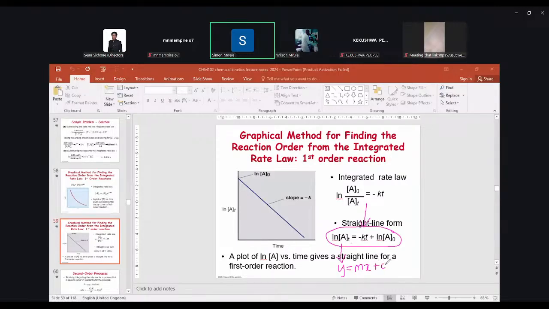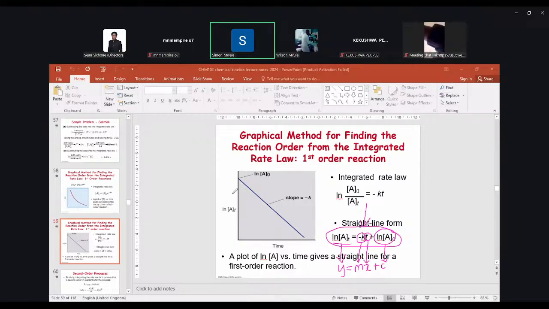So the y in this case is the natural log of A at time t. Then the minus k here gives you the gradient. The t here gives you the x, what you are plotting on your x-axis. Then this whole thing here gives you your y-intercept.